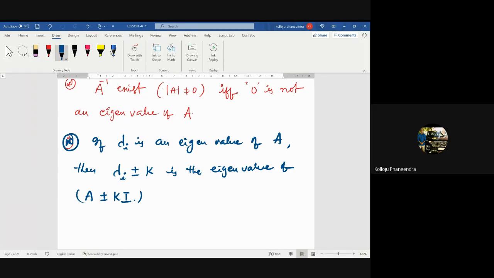Next one. This is also one more property. Upper triangular, lower triangular matrices. For an upper triangular or lower triangular matrix, eigenvalues are the principal diagonal elements.